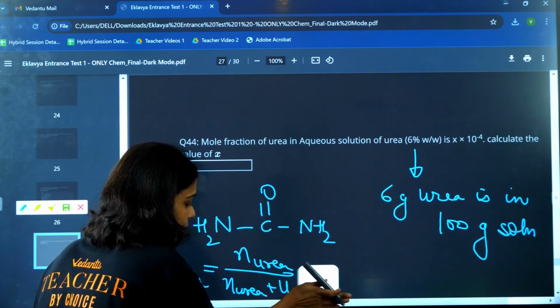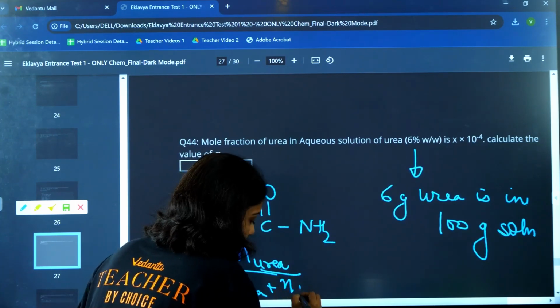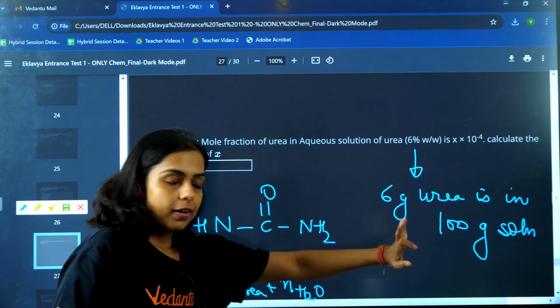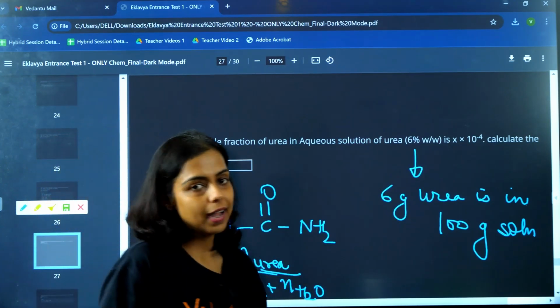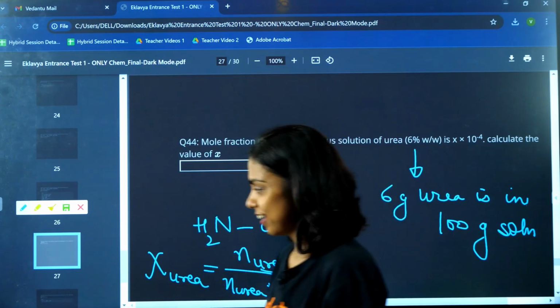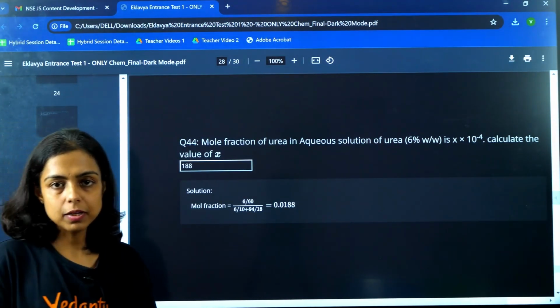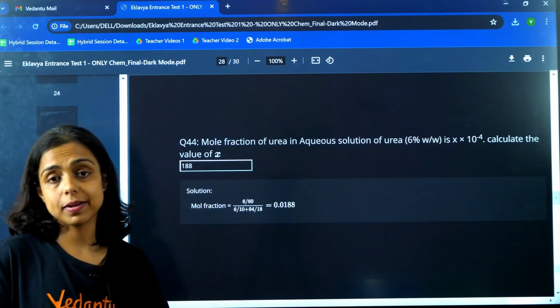Moles of water you can easily calculate because you know the mass of urea and water. Given masses are there: 6 gram urea, 94 gram water, and molar mass of urea and water I'm sure you are aware of. So you can put the values, right? So moles of urea 6 by 60, given mass is 6, molar mass is 60.